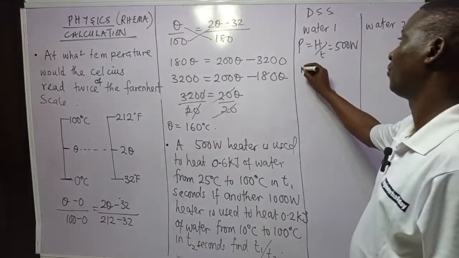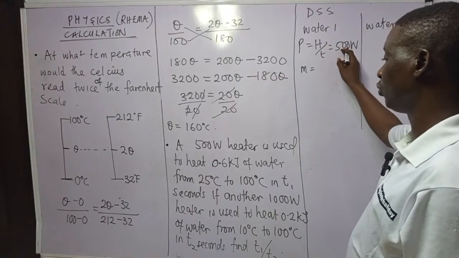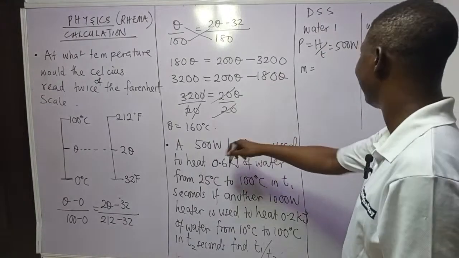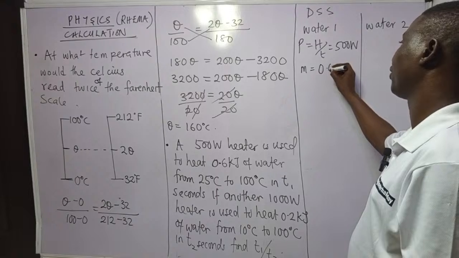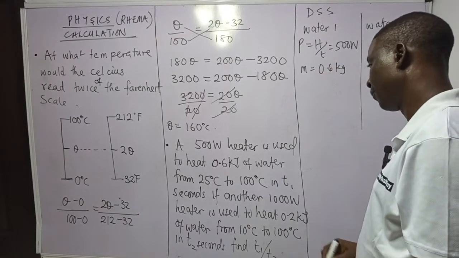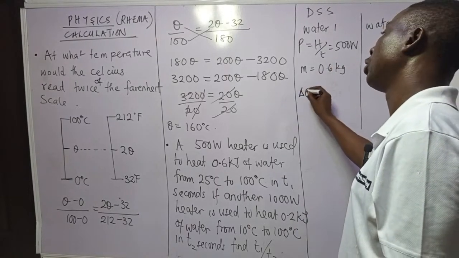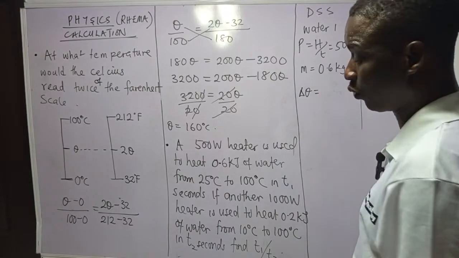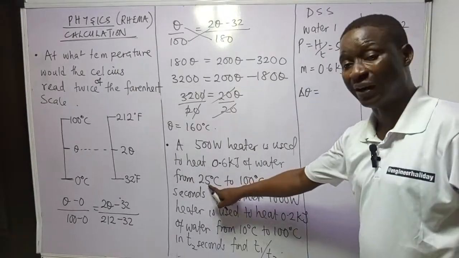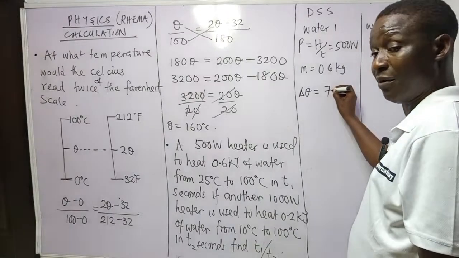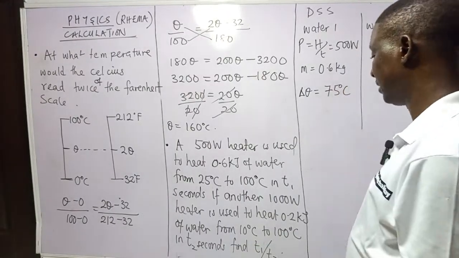And the mass of the water that is supplied with this water heater is 0.6 kilogram. What is the change in temperature of that water, particularly? 100 minus 25 should be 75. Am I correct? Yes, 75 degrees Celsius.